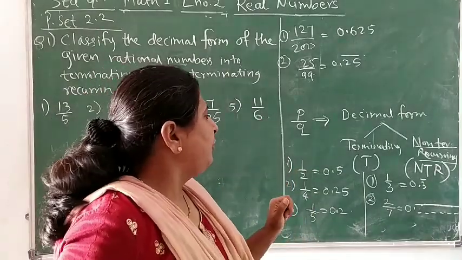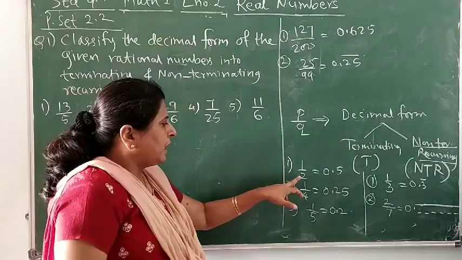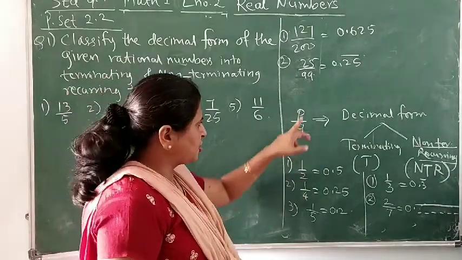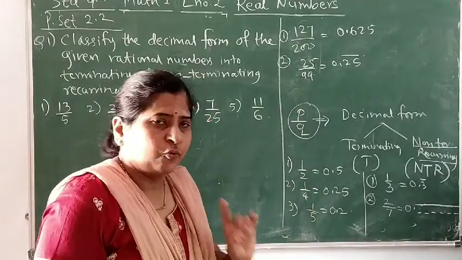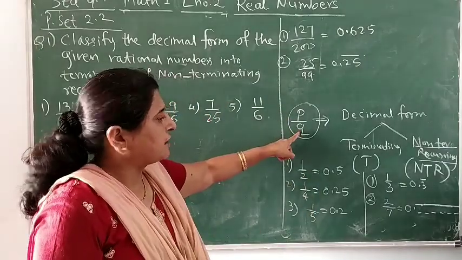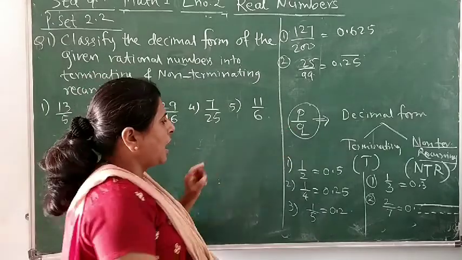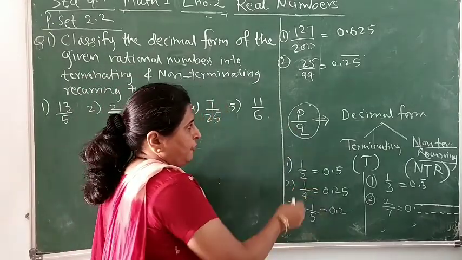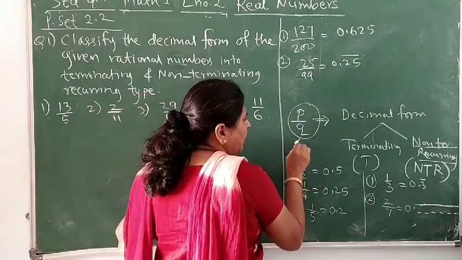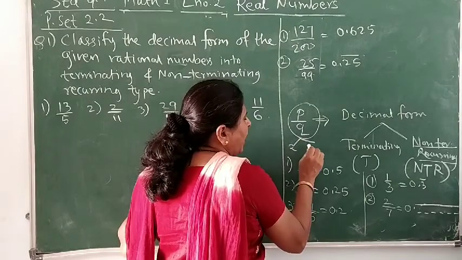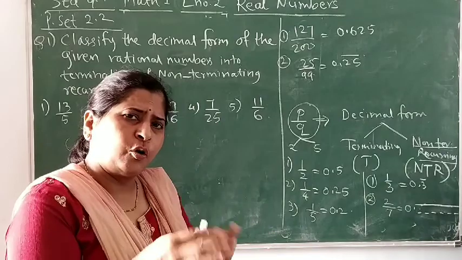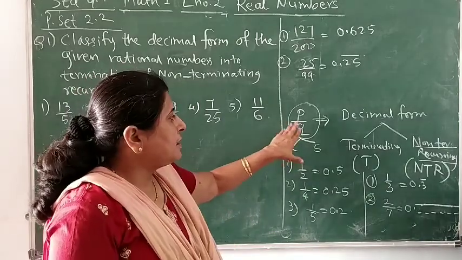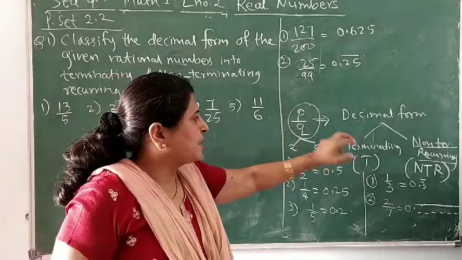Okay, so if you observe here, when the given fraction is in reduced form and the factors of your denominator q are only 2, only 5, or both 2 and 5, then its decimal form is always terminating.